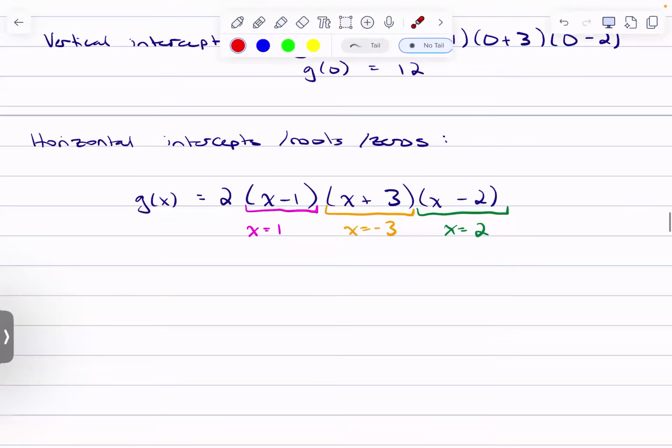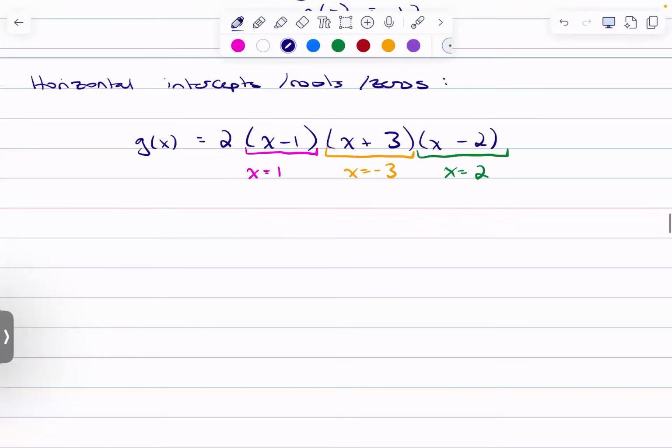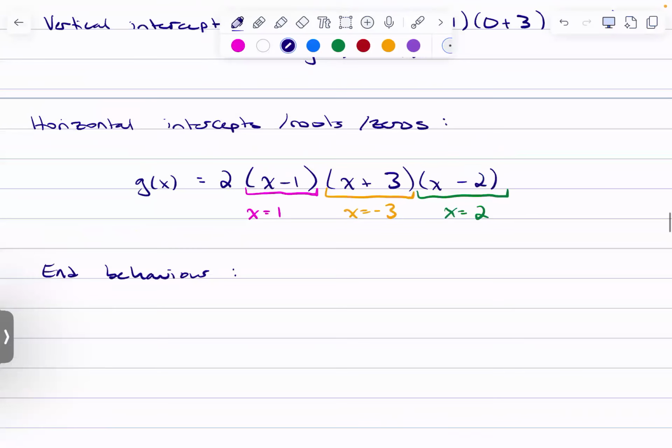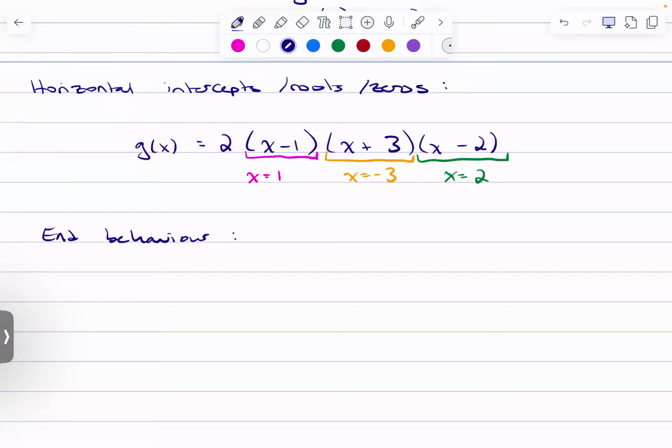The only thing we need is to know the end behavior, right? And so let's add that on here. The end behavior relies on the leading term, which would be 2 times x times x times x. It's positive 2x to the 3. Okay. And so the leading term is 2x to the 3.